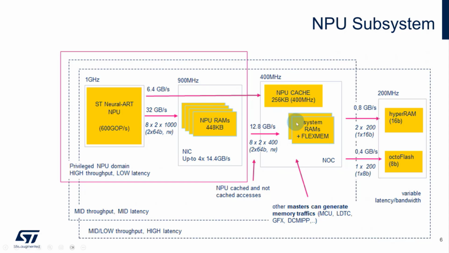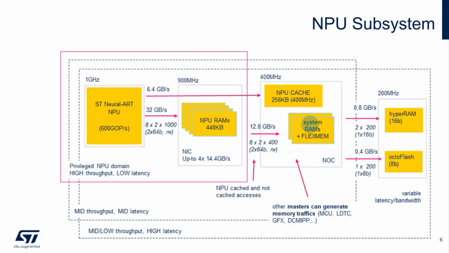And it will be even higher if you go to external RAM, then you will drop down to 0.8 gigabyte per second, because you will have to go to 200 megahertz. So, okay, yes, in theory you can use up to let's say 5 megapixel sensor input to the neural network. In practice, a given neural network will usually not process these high definition images, because it means an infinite time for the training as well.